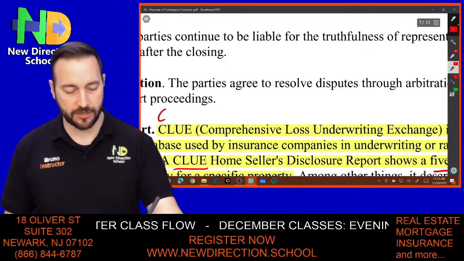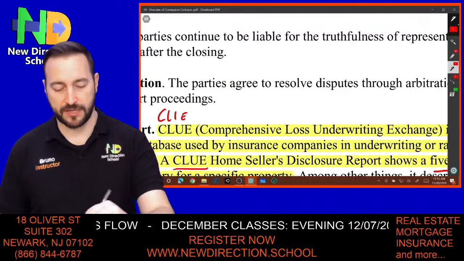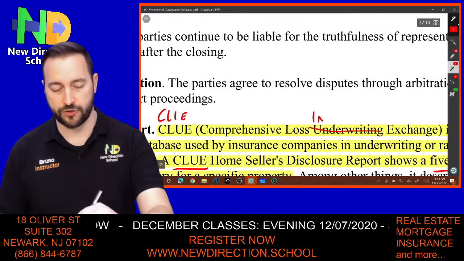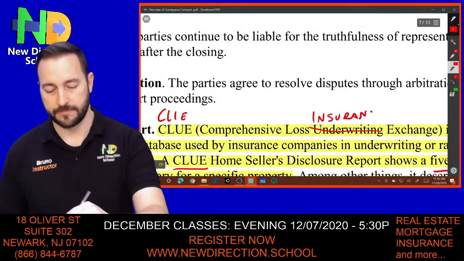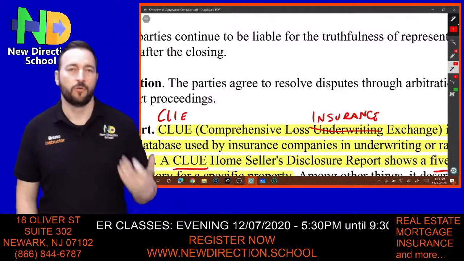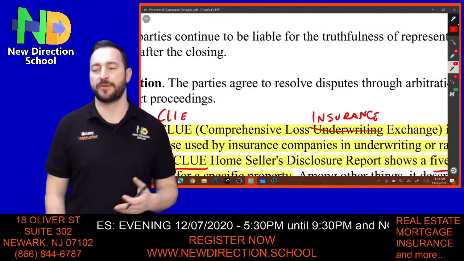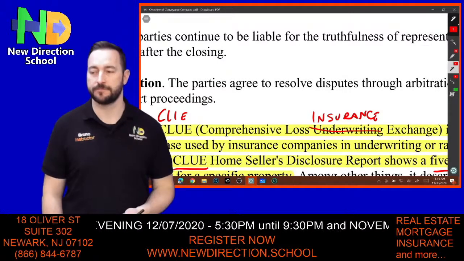The other one, the acronym is going to be CLE. And it's the same thing, but instead of underwriting, it will say insurance. I'm pointing this out because the question is, which report shows you insurance claims that happened against the property within the past 5 years?